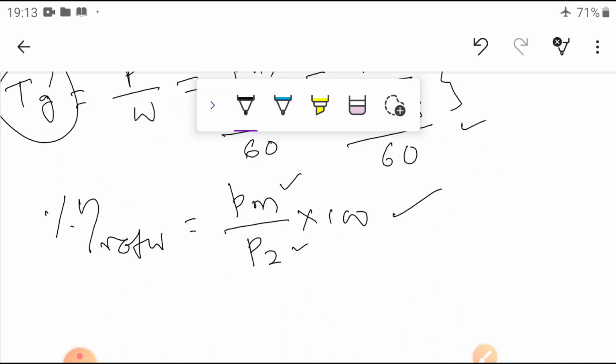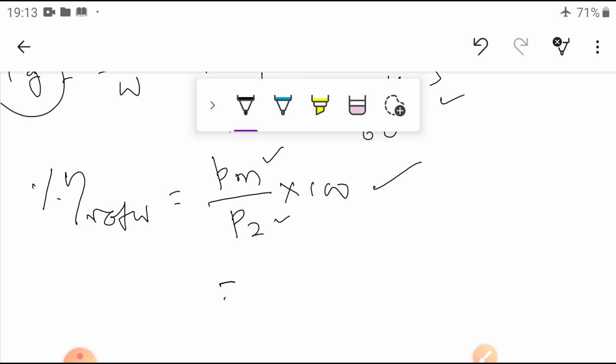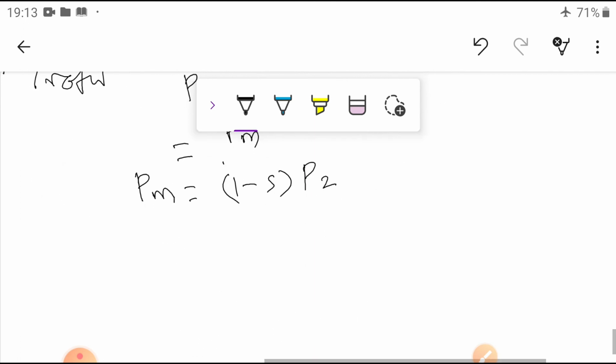Otherwise, we know that Pm by P2, so what is the formula? We can write Pm is equal to 1 minus S into P2.